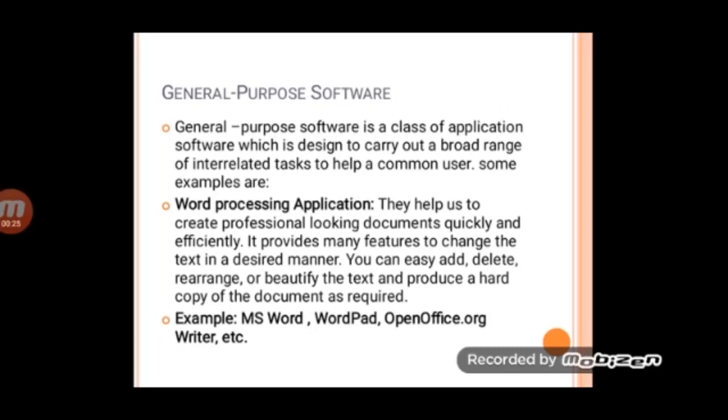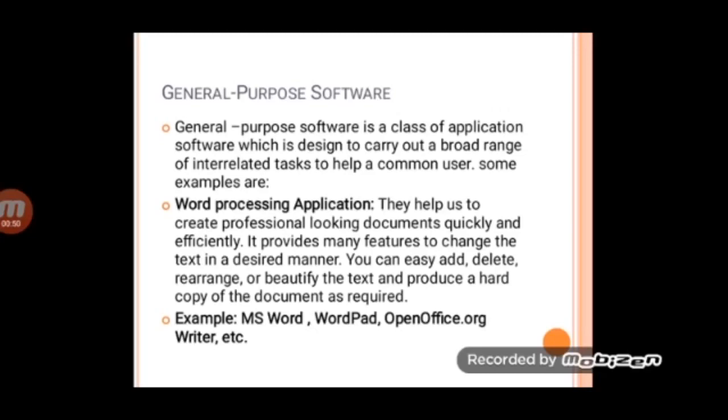Some examples are word processing application, spreadsheet application, database management system, desktop publication application. Now start with the word processing application. They help us to create professional looking documents quickly and efficiently.